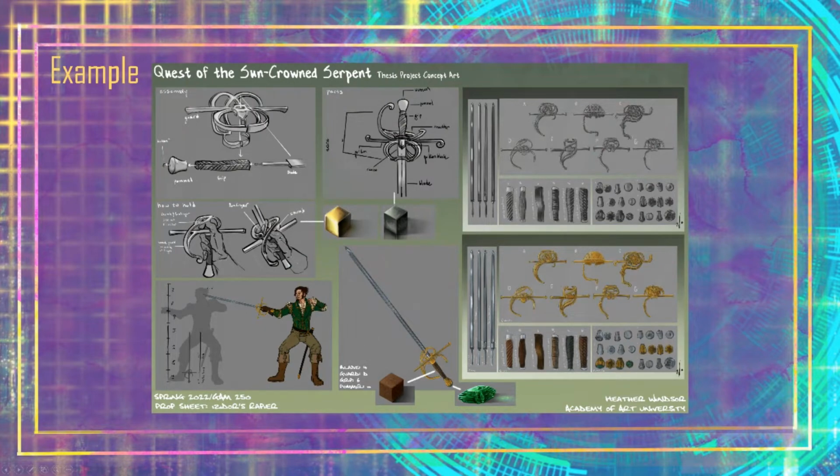I provided it being held by the character it's intended for with a means of checking the scale. And this is the finished sheet, which includes the texture indications and the uncolored thumbnails, the colored thumbnails, the diagrams, and the finished asset. So that's pretty straightforward.